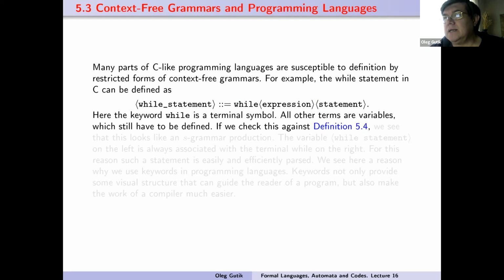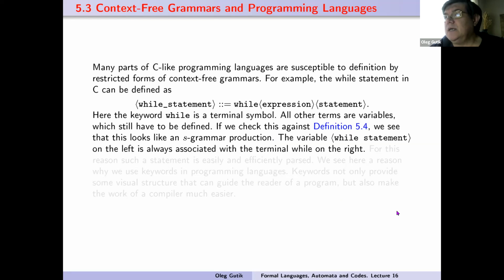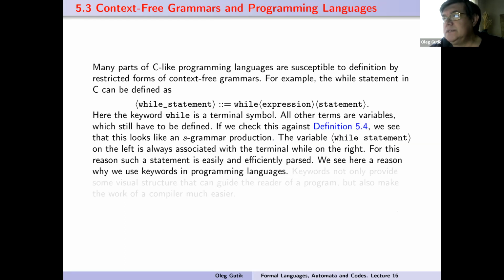If we check this against definition 5.4, we see that this looks like an s-grammar production. The variable while statement on the left is always associated with the terminal while on the right. For this reason, such a statement is easily and efficiently parsed. We see the reason why we use keywords in programming languages.